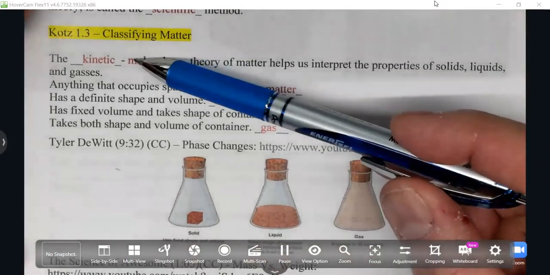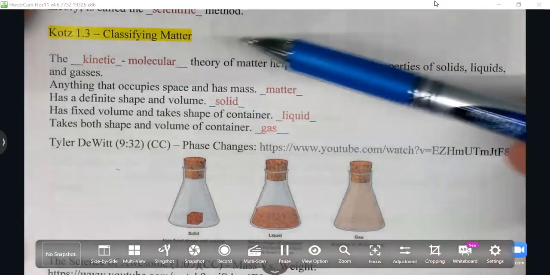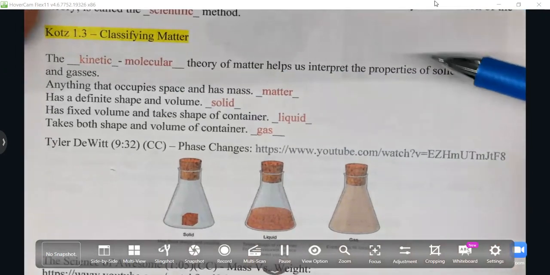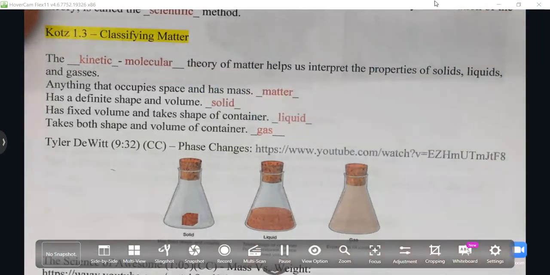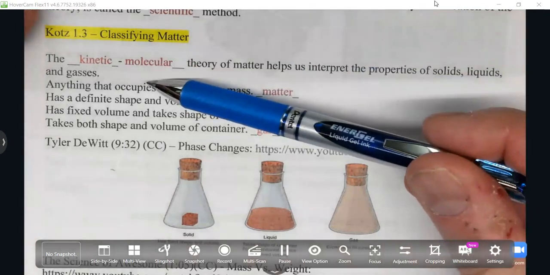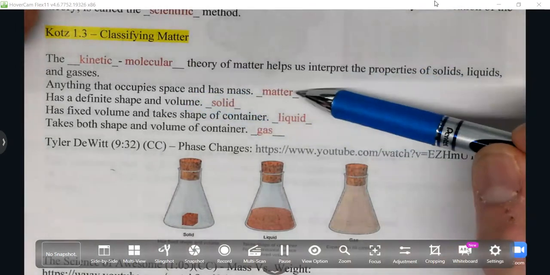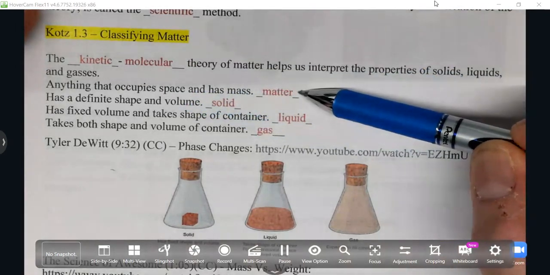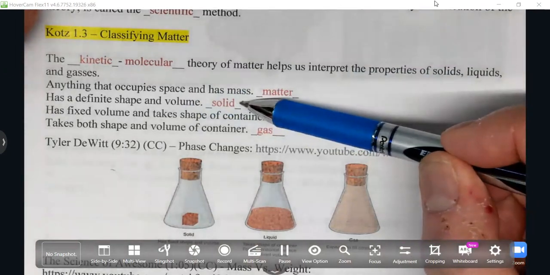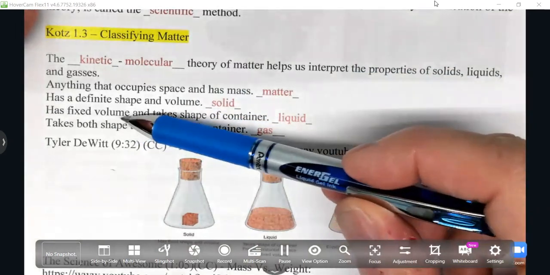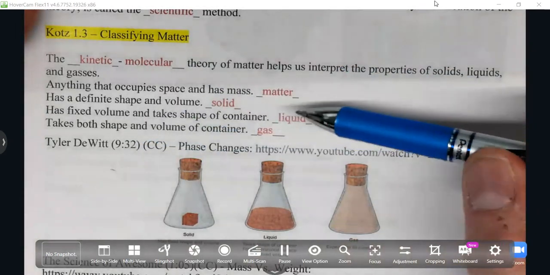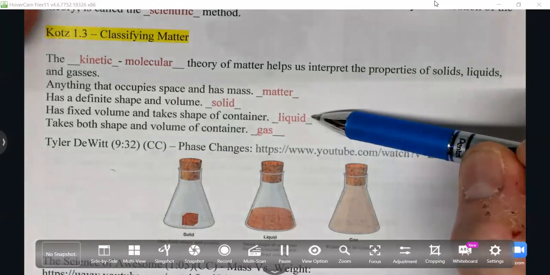So we know the kinetic molecular theory of matter helps us interpret the properties of solids, liquids, and gases. Anything that occupies space and has mass, matter. Definite shape and volume, solid. Fixed volume takes the shape of the container, liquid.